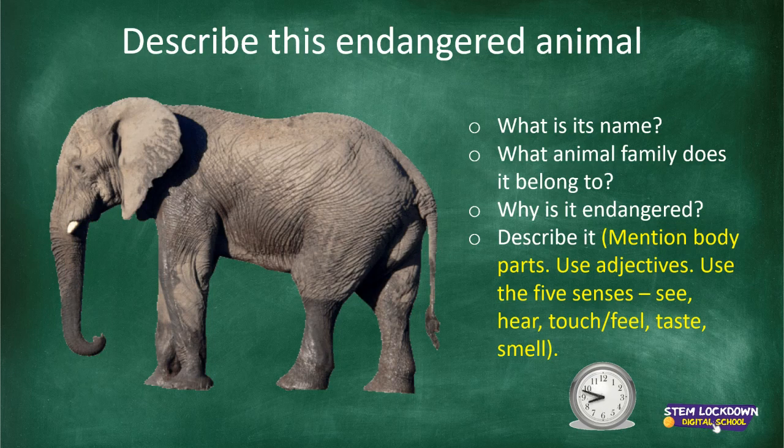Then describe it using adjectives: what you can see, what you can hear, and what it would feel like if you had to touch it. I suppose for taste, you could always mention what it eats. And what does it smell like?